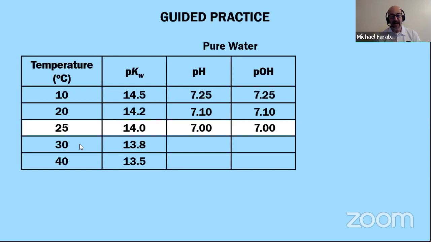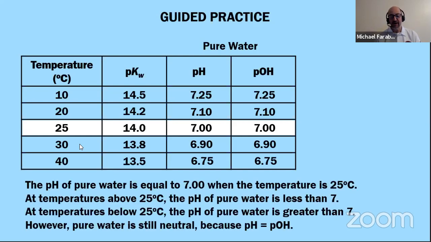So as I continue to fill out this table, here is the message that I want to send to you. When water is hotter than 25 degrees Celsius, your pH goes down. This does not mean that water becomes acidic. It just means that the Kw and of course the pH is going to change. So once you are no longer at 25 degrees Celsius, the pH of water is no longer going to be 7.